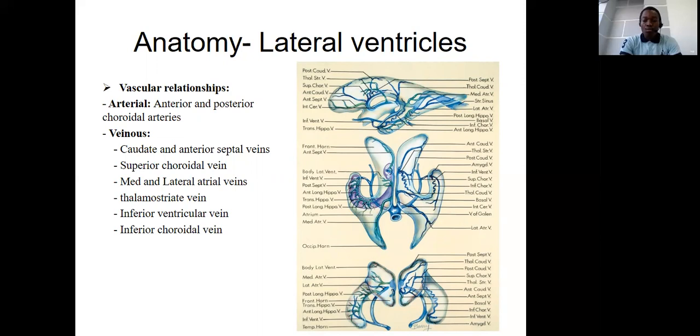Vascular relationships include, we have arterial, as we said, the anterior and posterior choroidal arteries.